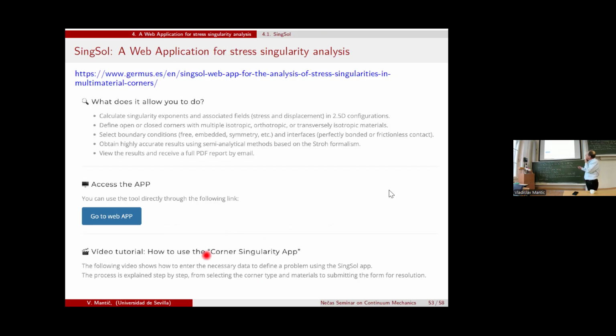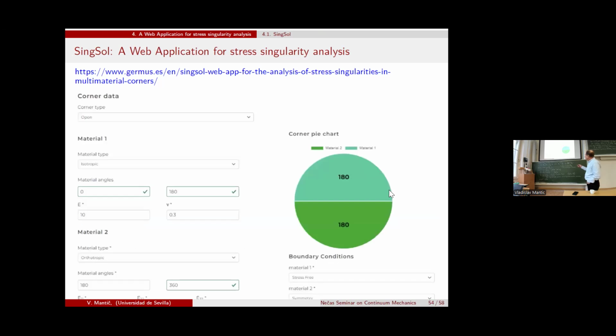We provide you with a video tutorial on how to use our code, how you can go to the application. It's a very interactive, very friendly interface. You can even make mistakes.